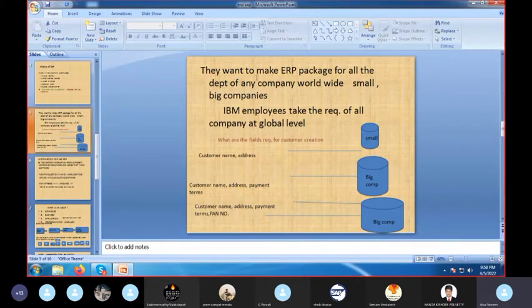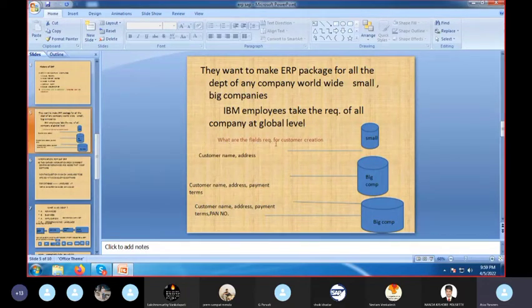So these IBM employees sent some of their people to different companies and gathered information on what is needed for each business, whatever the requirements were, and they kept it securely. So IBM employees took the requirements of all companies at global level.